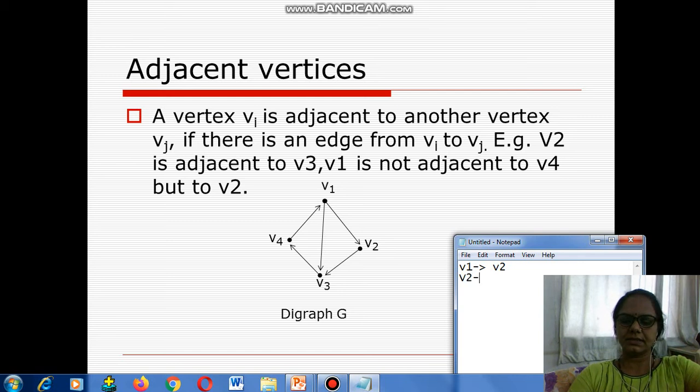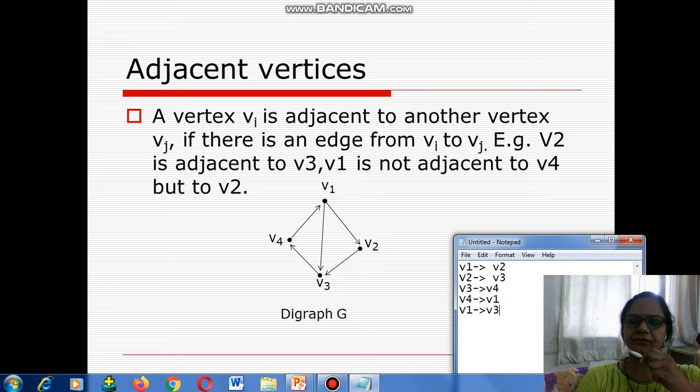V2 is adjacent to V3. V3 is adjacent to V4 and V4 is adjacent to V1. Similarly, V1 is also adjacent to V3. So likewise we have 5 different sets of adjacent vertices corresponding to the individual vertices.